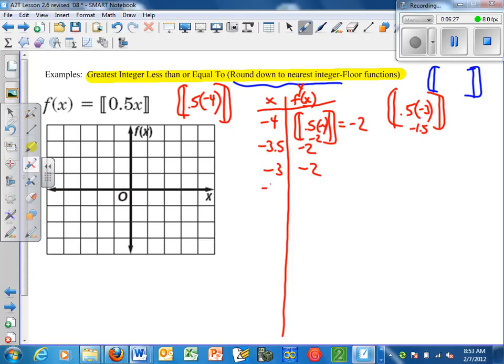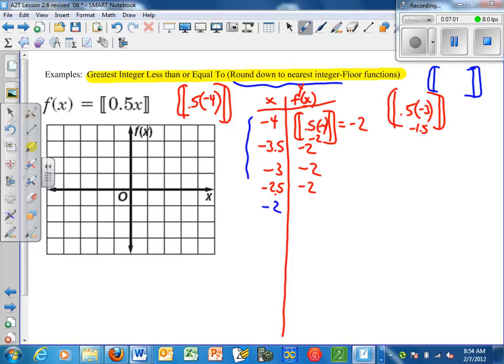If I put negative 2.5 in there, if I multiply negative 2.5 by 0.5, I get negative 1.25, but round that down to the integer below negative 1.25, which is negative 2. So pretty much all four of these went to a y value of negative 2.